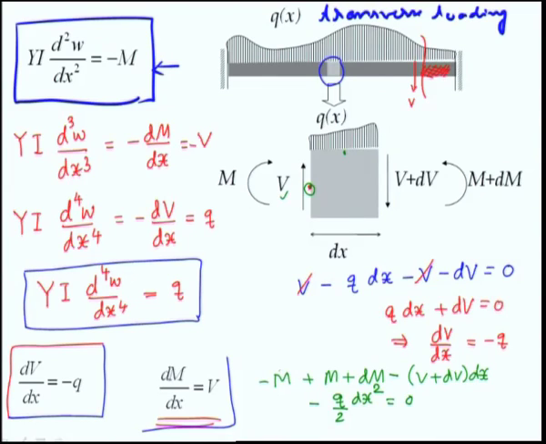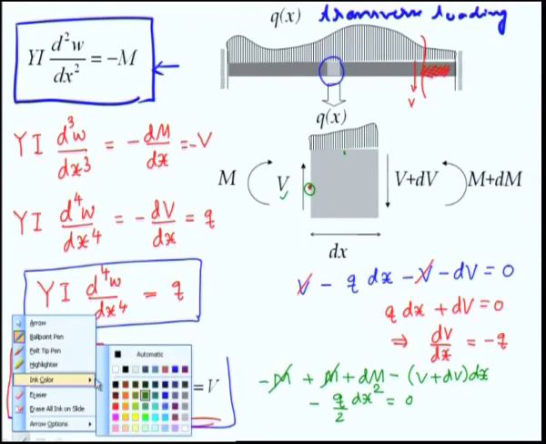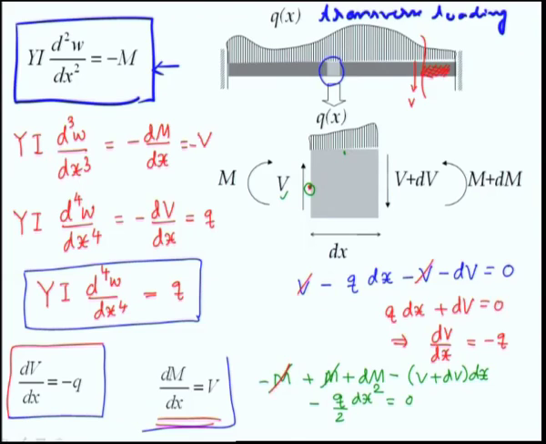Now, when you look at what can be cancelled, this M and M will get cancelled. We will have dM, and then we will have V dx and dV dx, and then dx square. When there is a quantity dV multiplied by dx, dx itself is small and dV is also small, so the product term will be much smaller. So, we can neglect the quantity that multiplies dx and dx.